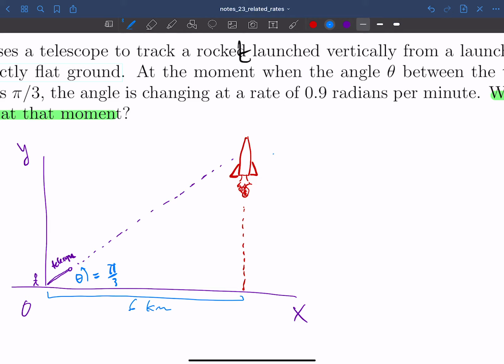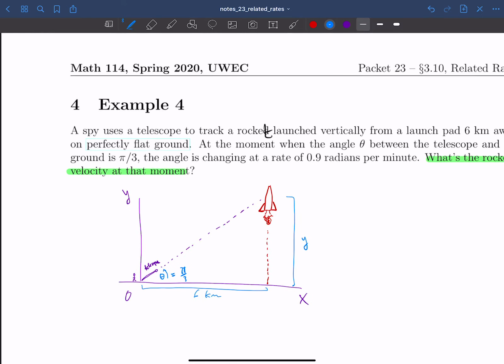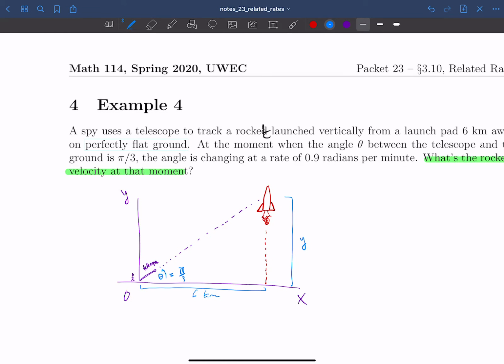And this height right here, let's call that y. What are we interested in? We're interested in the velocity at that moment. That means I want dy dt. So let's draw an action arrow and label it as dy dt.